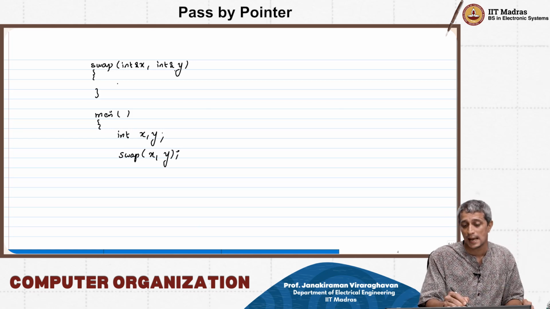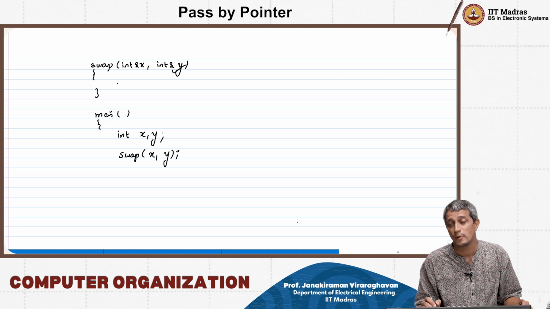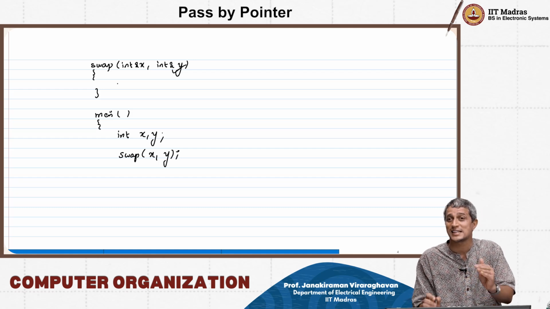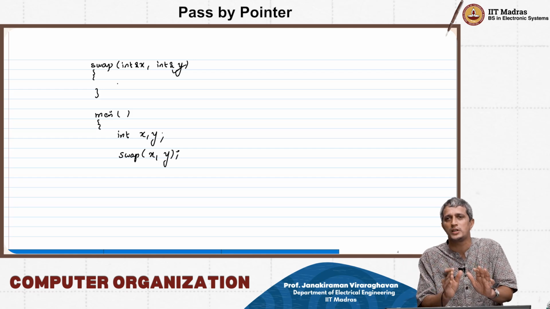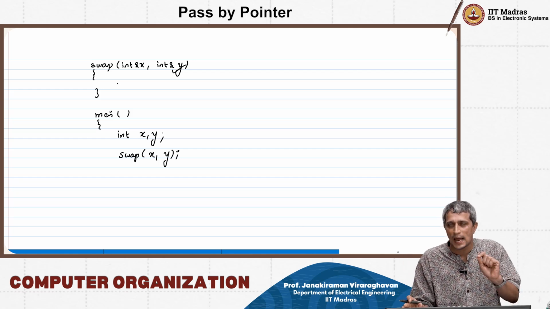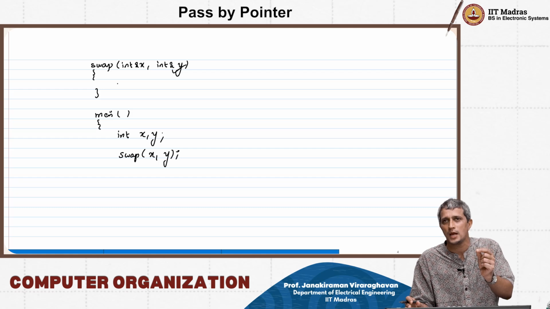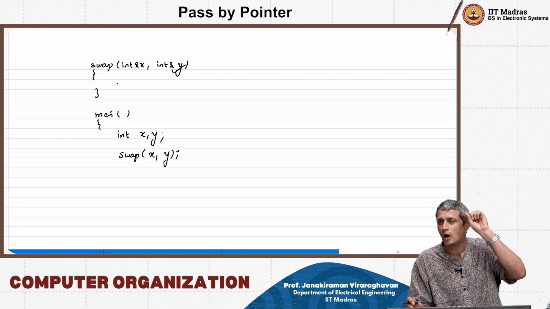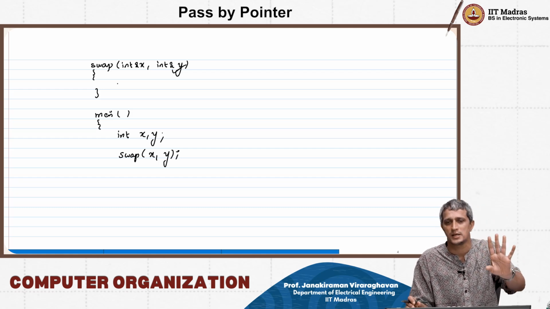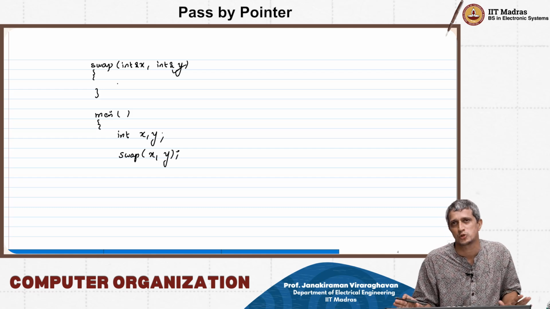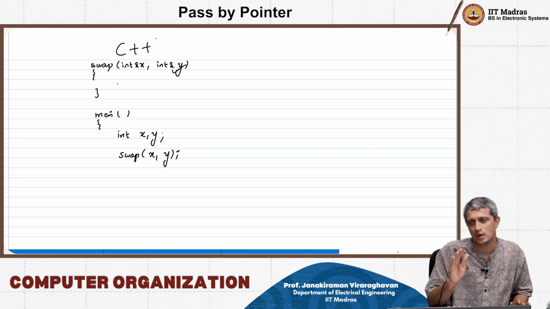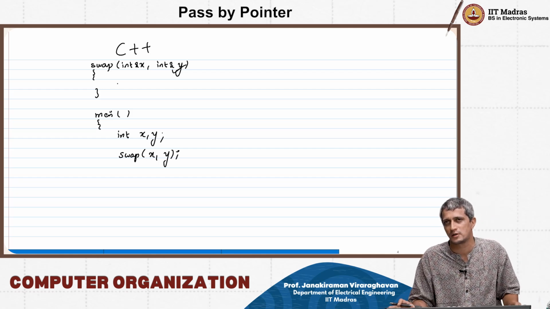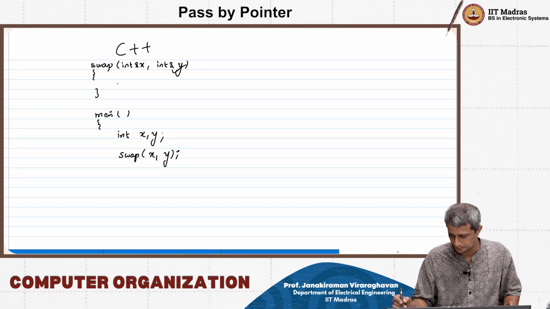But because this is ampersand, you are calling by reference; internally the assembly code is identical to passing by pointer. You will actually pass the pointers of x and y and deal with the values of x and y as pointers inside that function swap. This is an aside, since it is C++, so I will not get into any demonstrations for it here.